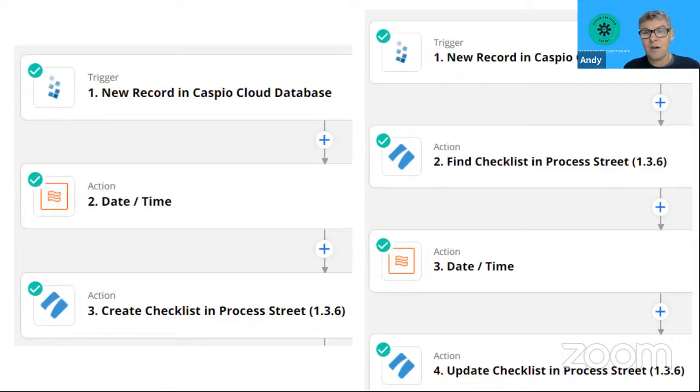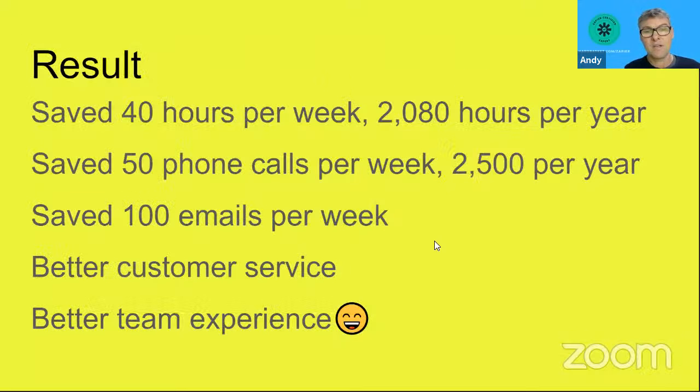And on the right-hand side, you'll see there that we've got some more data which is coming into our database through an online form, and we're then updating some of the checklist inside of Process Street.